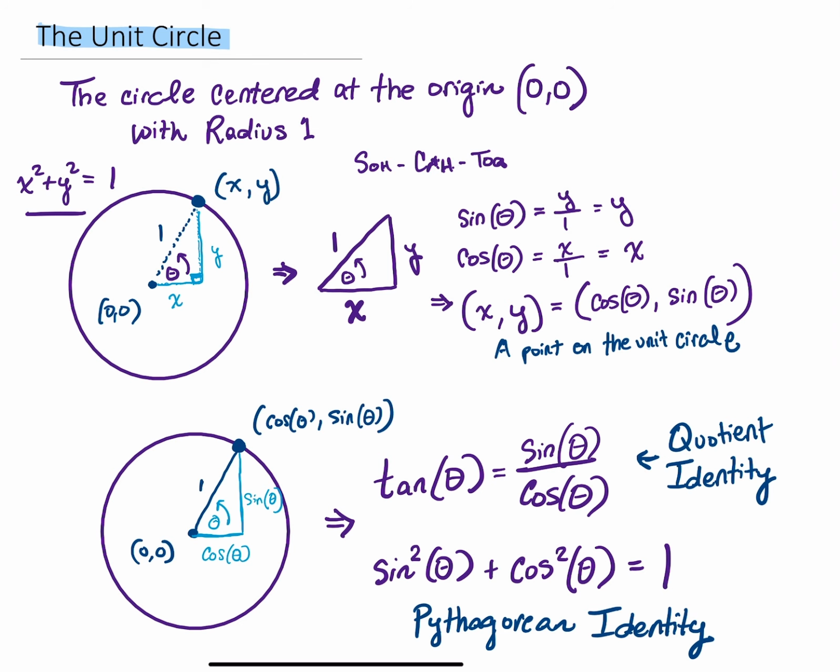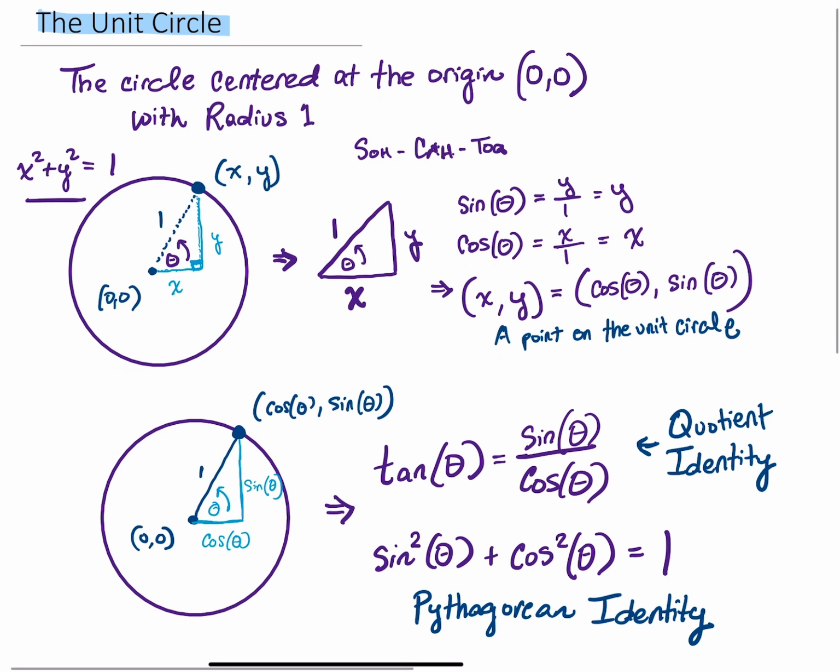But the main point here is that on the unit circle, any coordinate point that we can establish will give us the cosine as the x coordinate and the sine as the y coordinate of the angle that produces that point itself. And that will become very useful in trying to determine what the values of some common angles around the unit circle are.